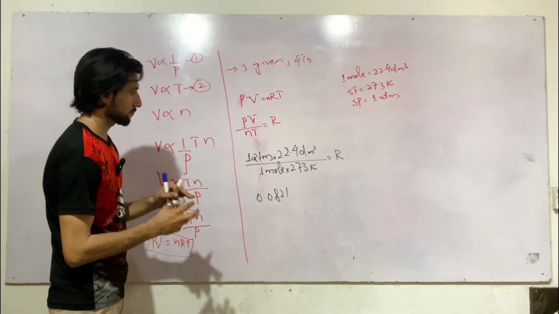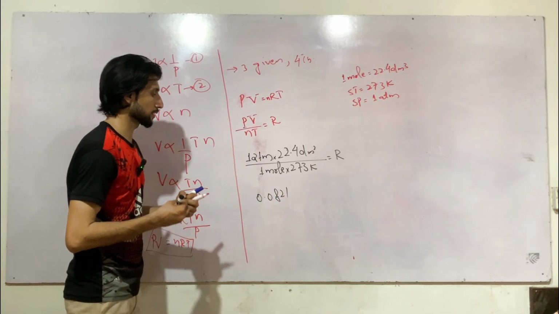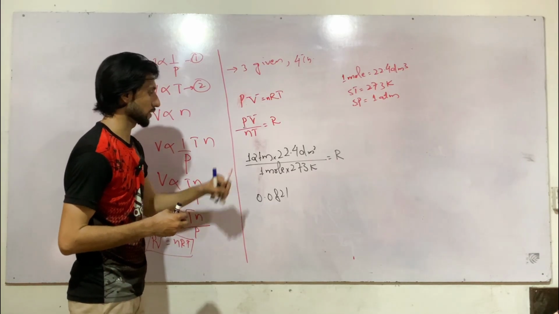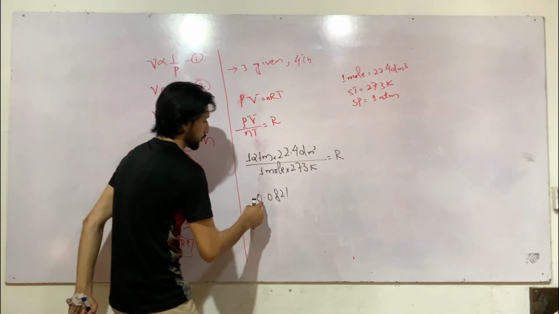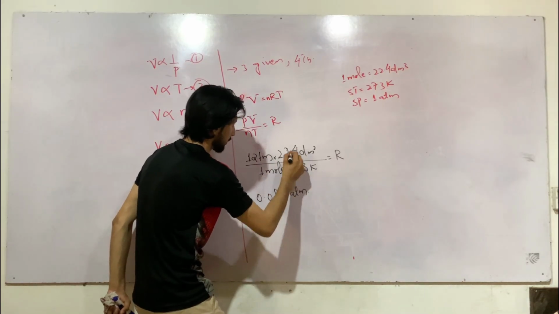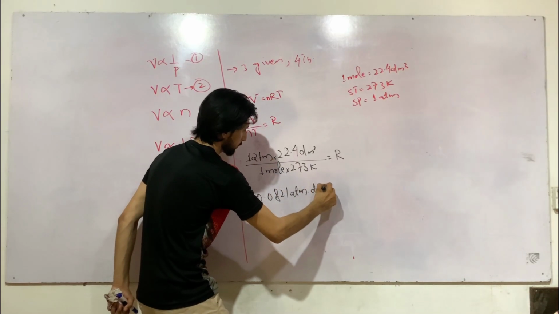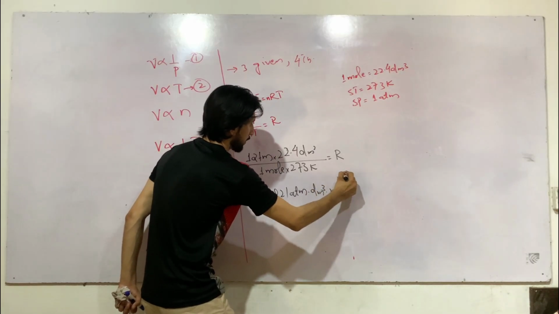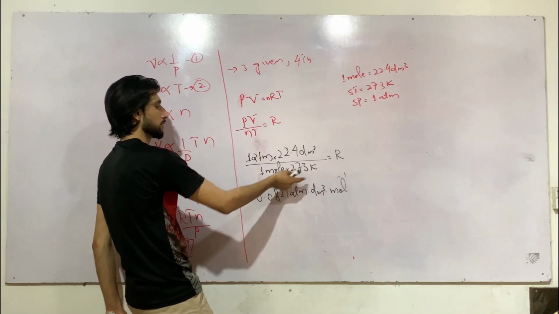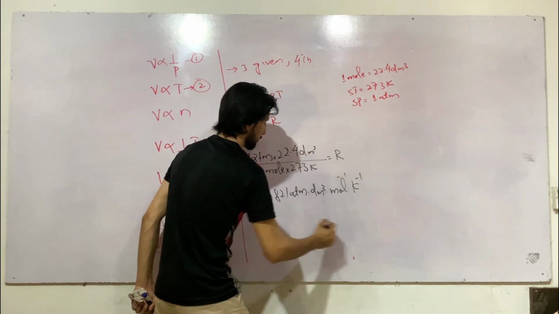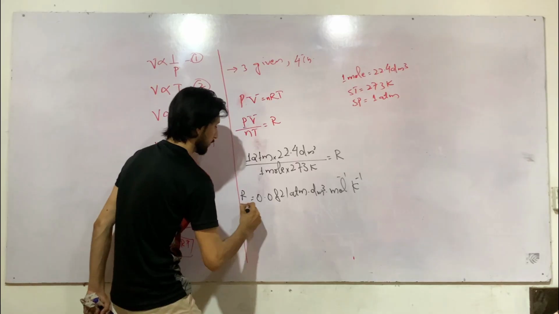Now listen and look at the units carefully: 0.082 atm dot decimeter cube, dot per mole, as this mole is in the denominator. If it goes upward, it becomes per mole, and per Kelvin becomes the value of R.